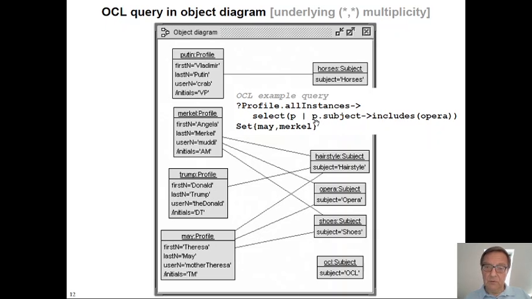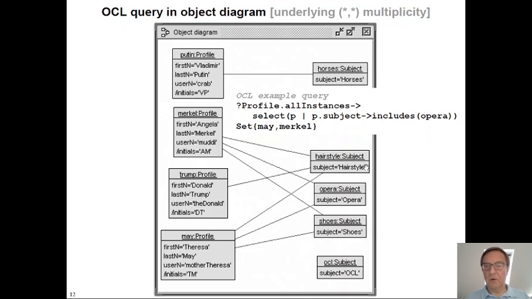You can think of this p as iterating over all these objects, and we select those objects for which the formula inside the select is satisfied.